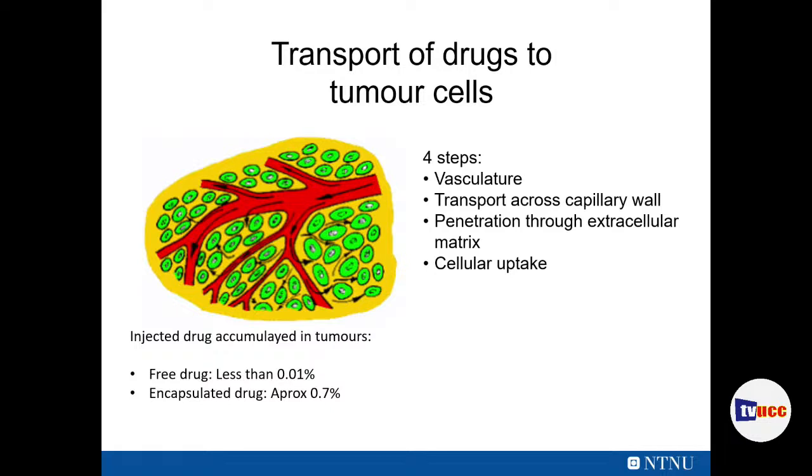But then the nanoparticle has to penetrate through the extracellular matrix, the material between the tumor cells. And if it is lucky enough to reach a cell, it has to be taken up into the cell.